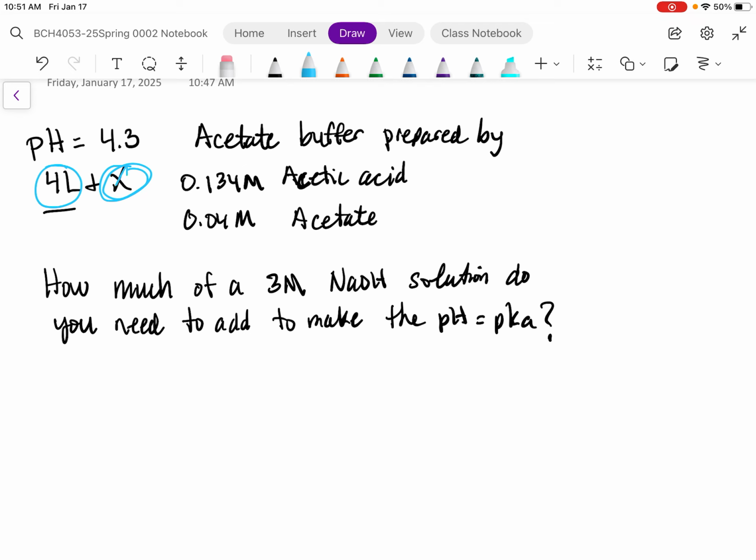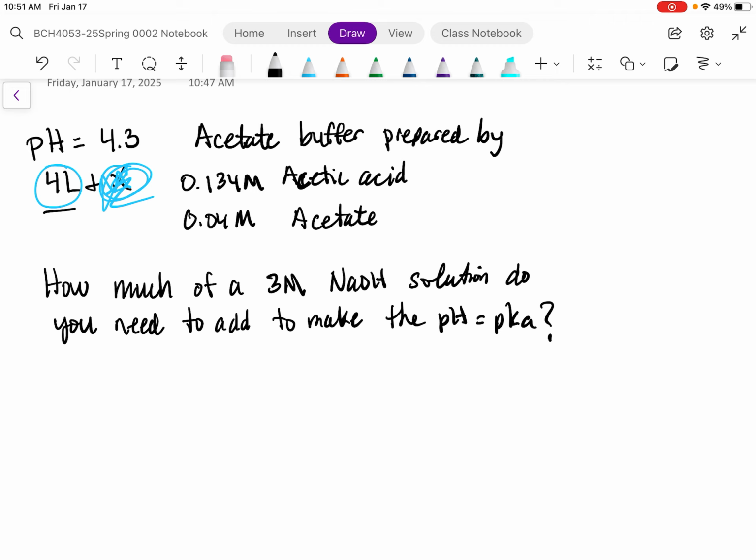And so we just forget about the change in volume and assume that we're still at 4 liters because we're adding so little of the sodium hydroxide. So let's start with the more accurate way.